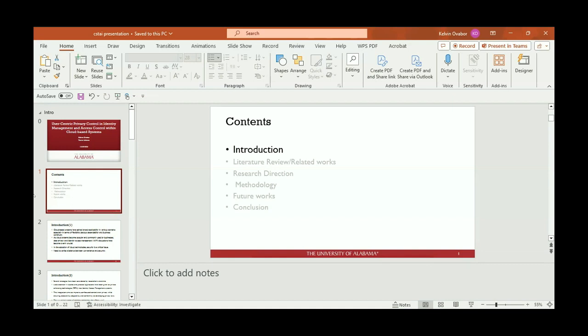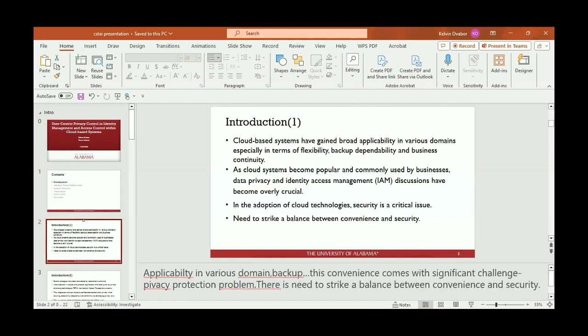and the conclusion. As a form of introduction, we've noticed over time that cloud-based systems have gained applicability in various domains, especially in terms of the flexibility, the backup, dependability, and business continuity that they offer.